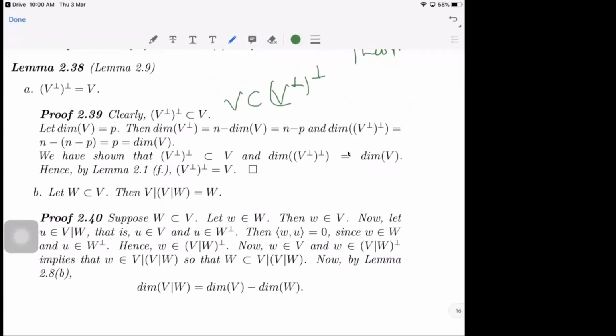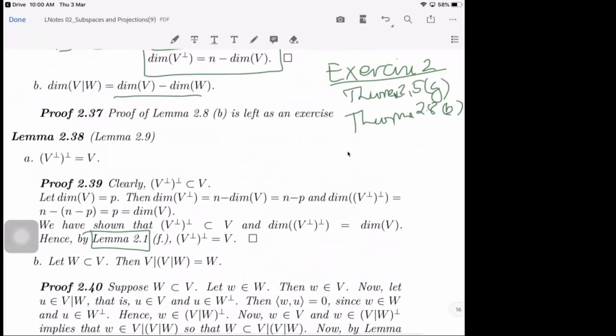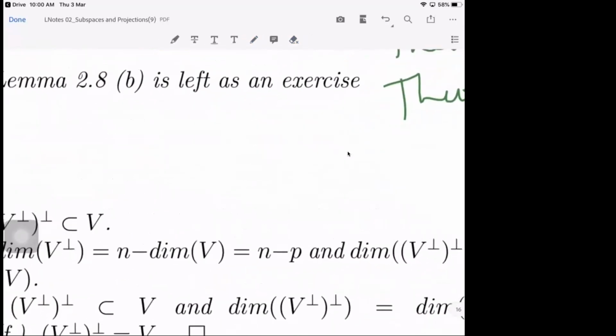So let's use lemma 2.1F, because that is what we will use. Before using that, let us look at the assumptions of lemma 2.1F. Let me have a space.